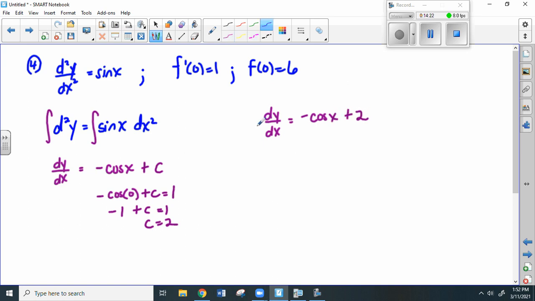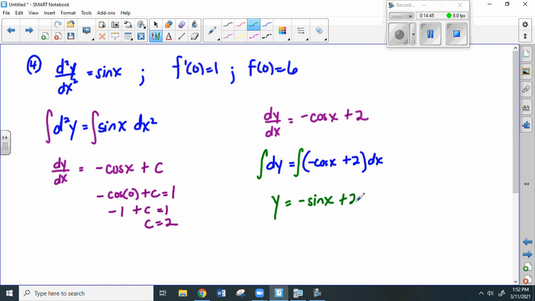And then I'm going to start the process over. I'm going to separate my variables, understanding that the whole thing on the right is multiplied by dx. And then I can integrate y equals, well, then I have to remember what is the integral of negative cosine of x, and that is negative sine of x.